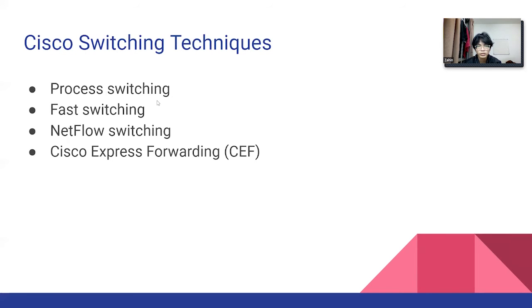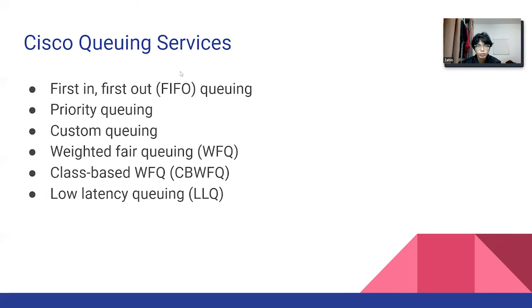And then we move on to Cisco switching techniques. First is process switching, fast switching, NetFlow switching, and Cisco Express Forwarding, or CEF. And then we move on to Cisco queuing services. The first queue is first in, first out queuing, or FIFO.